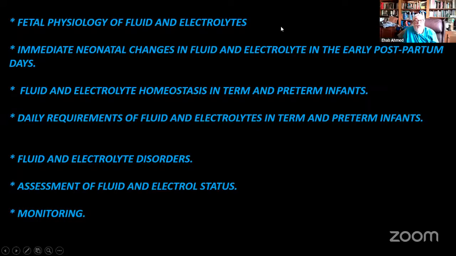If you have a 25-weeker born in the NICU, this 25-weeker represents the fetus in utero, how this fetus is behaving, electrolyte and fluid-wise at this gestational age. So fetal physiology is important.